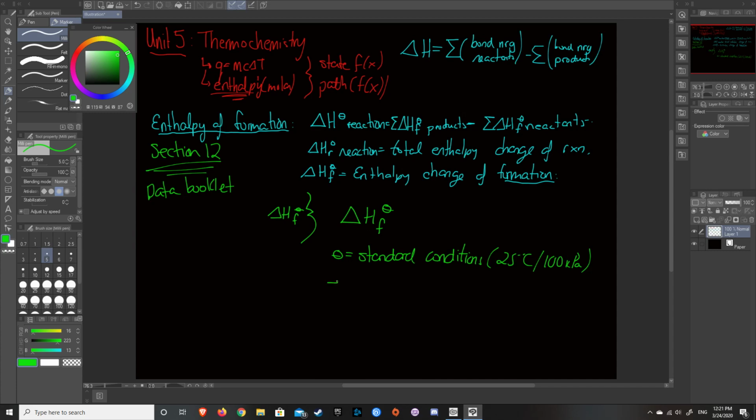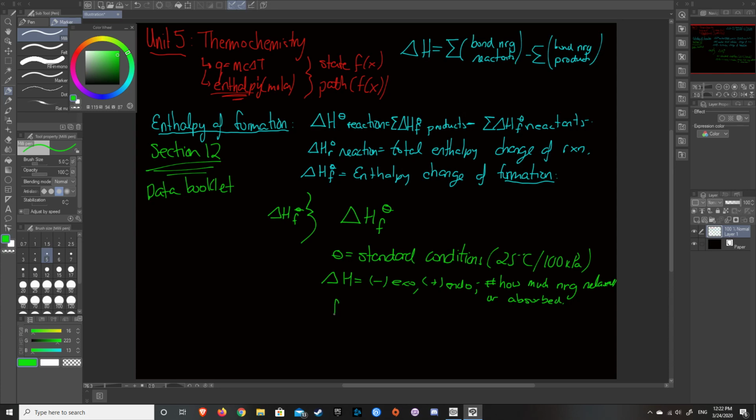So delta H is negative if it's exo, positive if it's endo, and the number is basically how much energy is released or how much energy is absorbed.